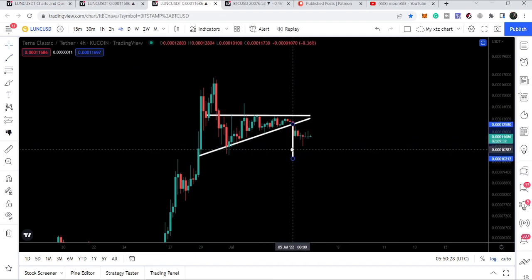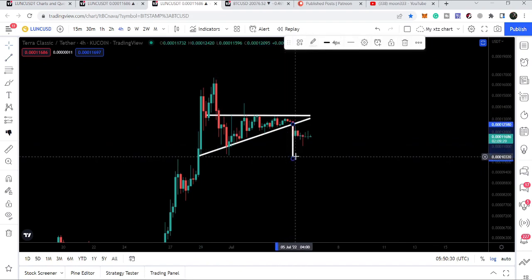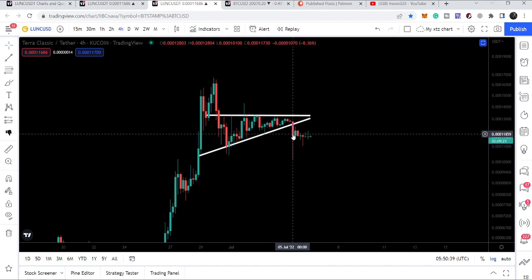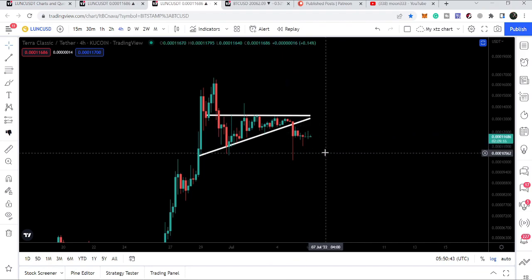If I place this trend line here, then you can see exactly at the breakdown point that this was our target to the downside. After the breakdown, the price line dropped down here and is still moving sideways, and did not continue its move to the downside.